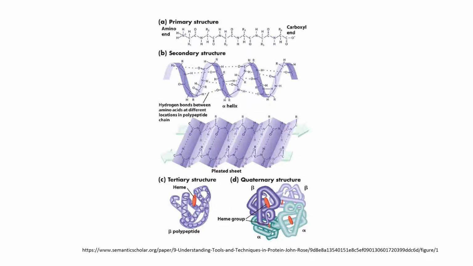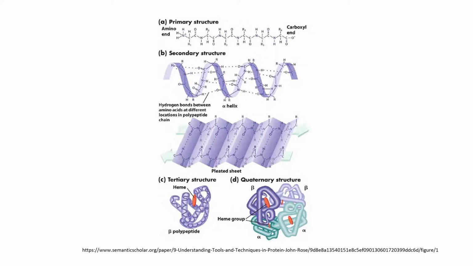So once that correct string of amino acids is specified, it will undergo one of two types of folds. It will twist itself into an alpha helix or sort of into a corrugated sheet known as a pleated sheet.